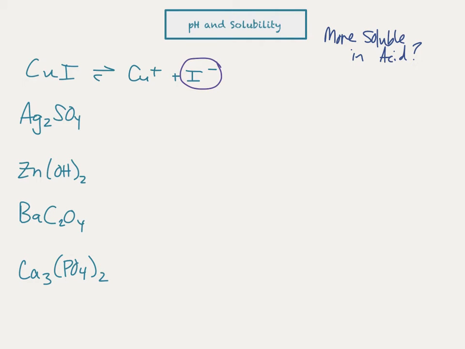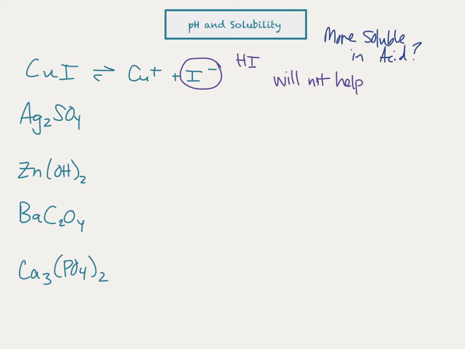Okay, so we check our list and we realize that if you want to look at the acid version of iodide, that would be HI. But HI is a strong acid, so lowering the pH will not help in this particular situation because the I's will not link up with the H pluses.